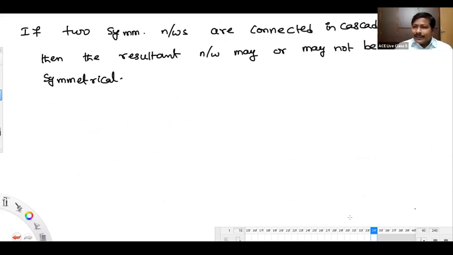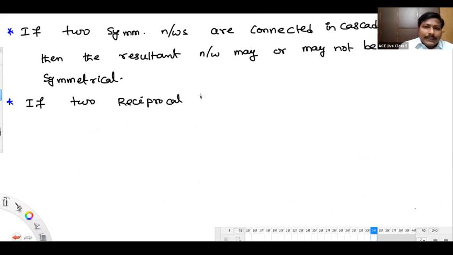The first comment we are making is, if two symmetrical networks are connected in cascade, the resultant network may or may not be symmetrical, which we can't say. For example, if two reciprocal passive networks are in cascade, then what can we say?